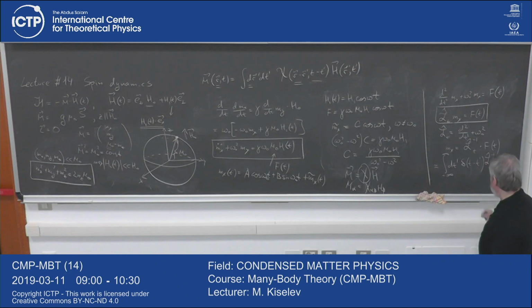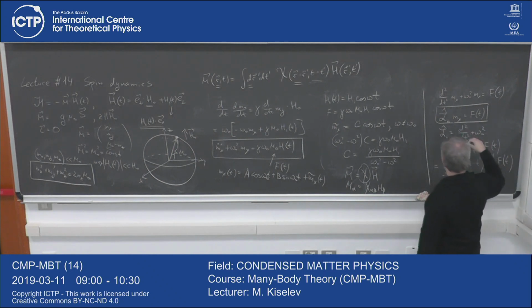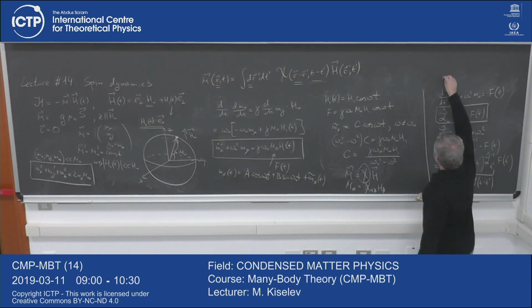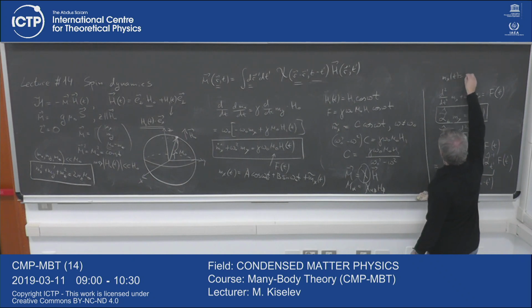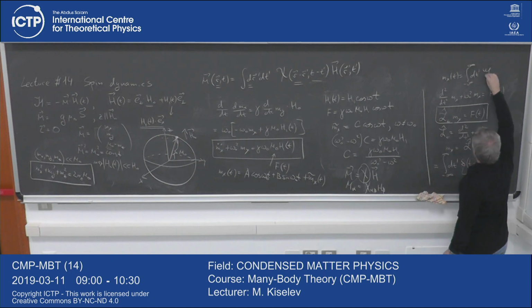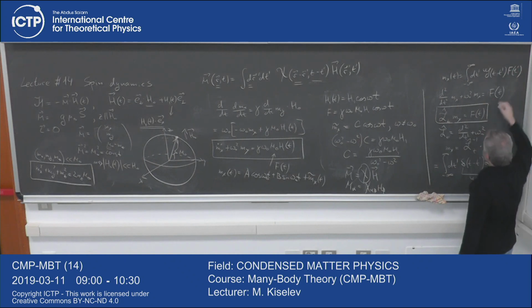So let me denote this. I did a formal trick. I multiplied by a delta function, and the integral with the delta function gives me the right hand side, right? So let me denote this quantity as g(t minus t prime), and what I got is the particular solution of the linear differential equation: mx(t) is equal to the integral from minus infinity to infinity dt prime g(t minus t prime) f(t prime).